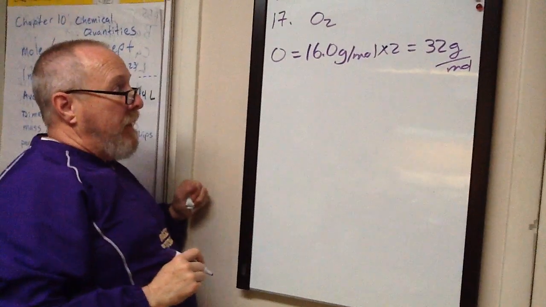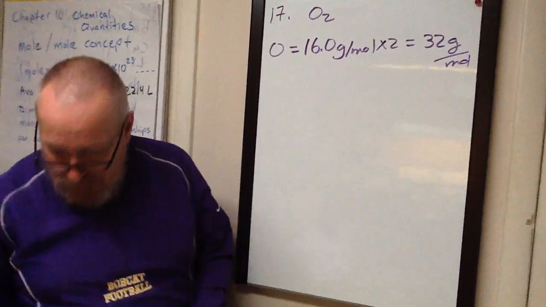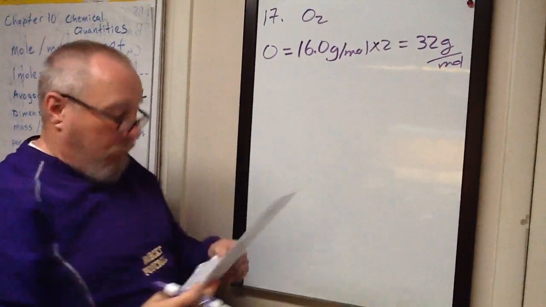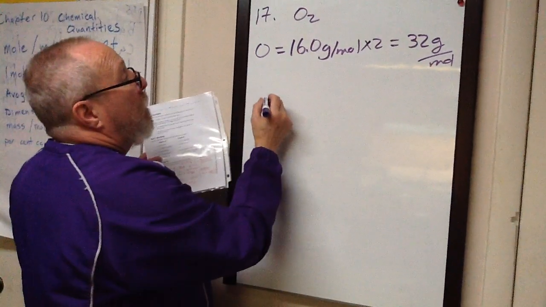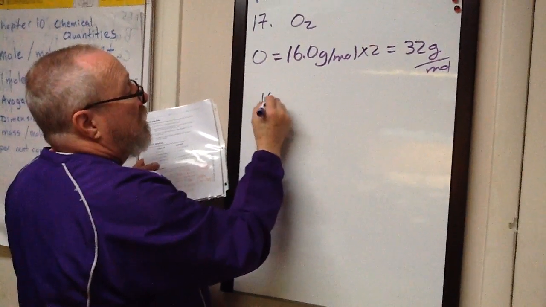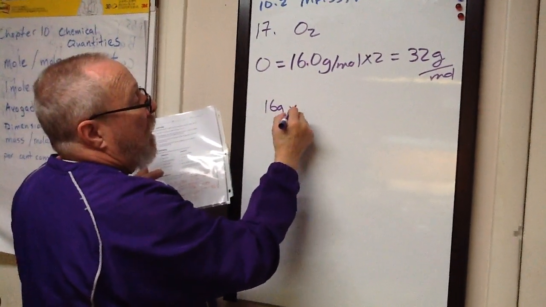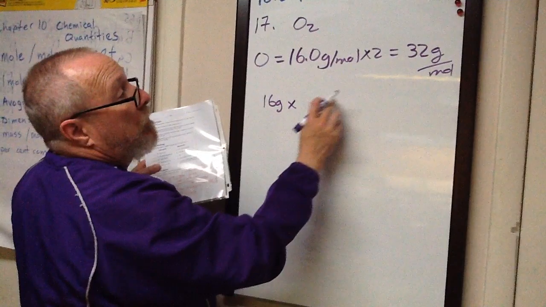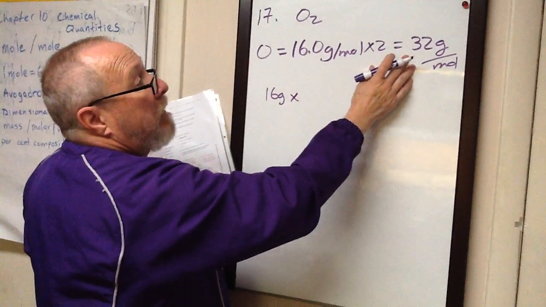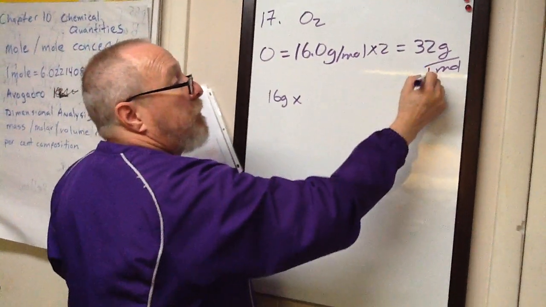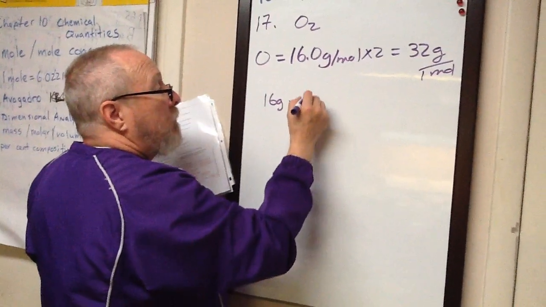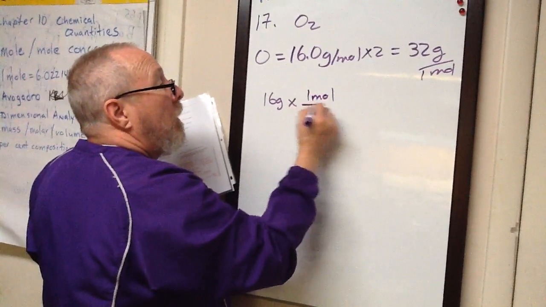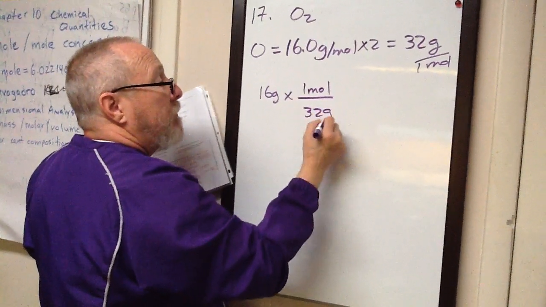And it has a molar mass of 32 grams per mole. Okay? Now, it said how many moles are in 16 grams. So, I have 16 grams times, I want to get rid of grams and convert it to moles, so I'm going to multiply by 1. This is 32 grams per 1 mole, but it's also 1 mole per 32 grams.